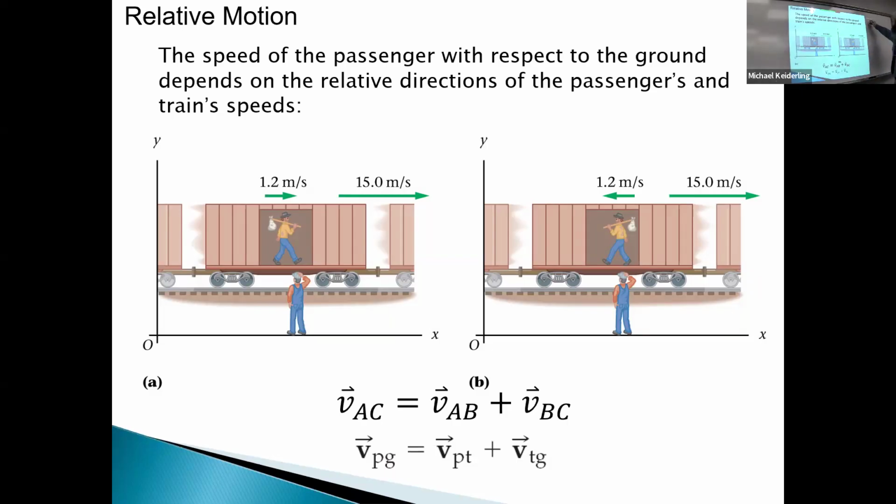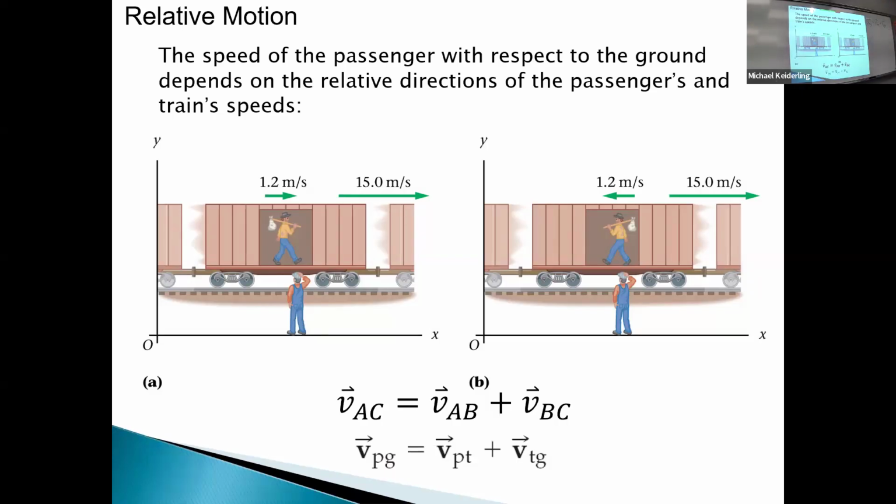is that the velocity of the passenger with respect to the ground is the velocity of the passenger with respect to the train plus the velocity of the train with respect to the ground.